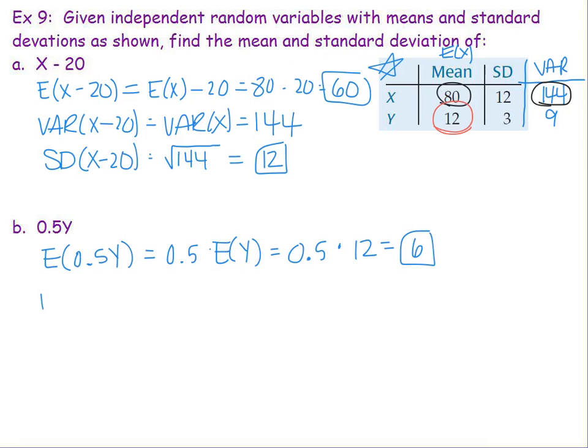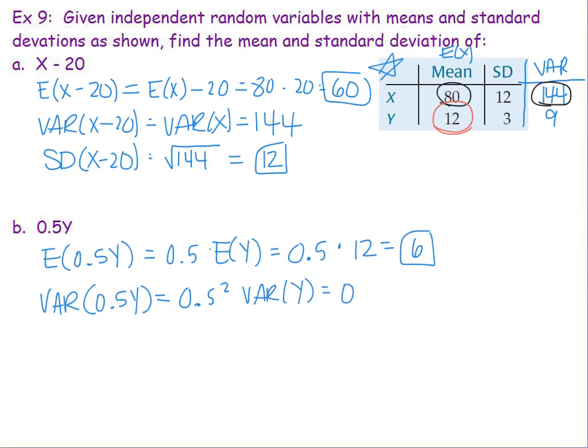Okay, well, let's do the variance now. The variance of 0.5y, so look over at equation 4. We need to take a squared, so 0.5 squared times the variance of y.